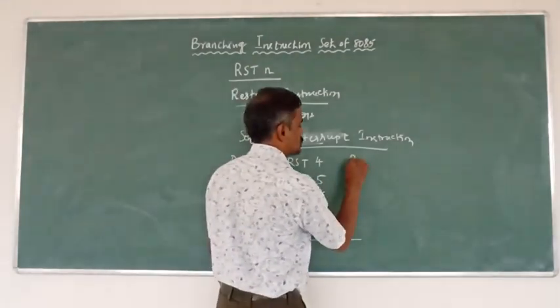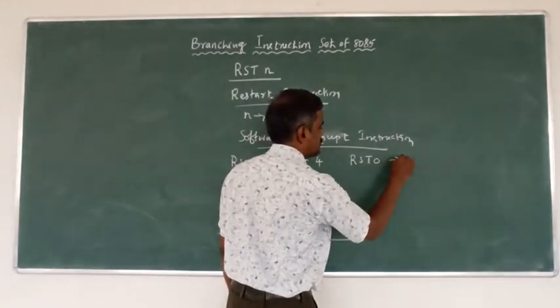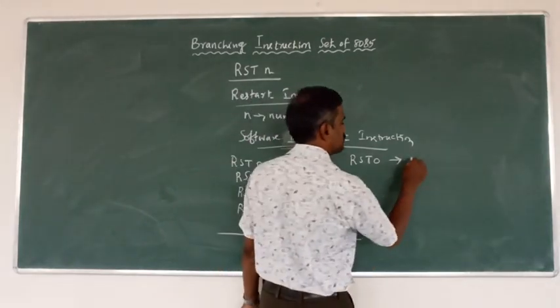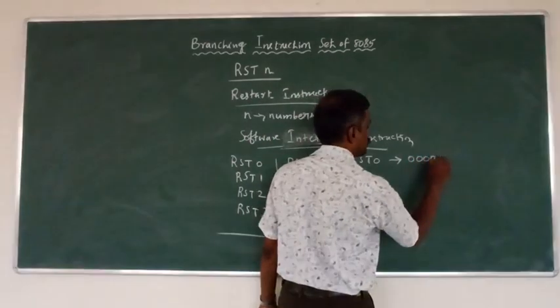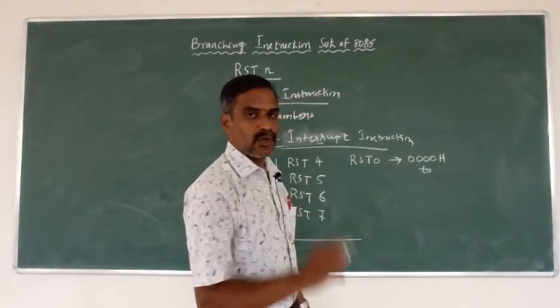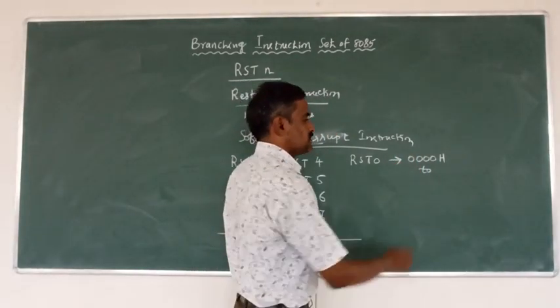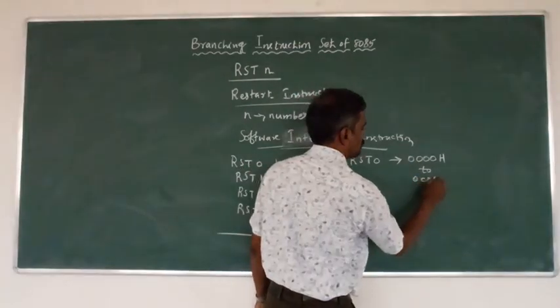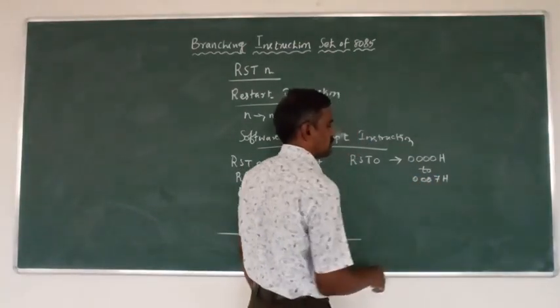RST 0, restart 0, means there will be addresses from 0000H, a total of 8 address locations, 0 to 7, 0007H.